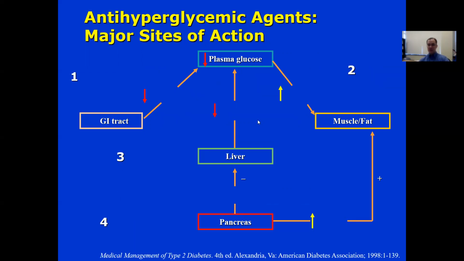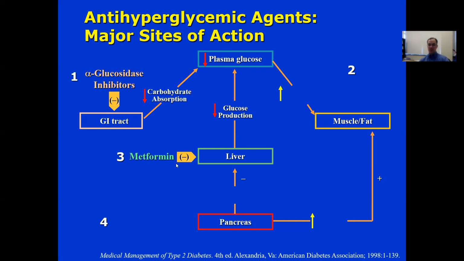The first of which is the glucosidase inhibitors, and this negative sign indicates that it causes the GI tract to reduce carbohydrate absorption, so you have a decreased amount of carbohydrates absorbed in the small intestine, the GI tract, which means less glucose is taken up in the blood, and therefore reduces plasma glucose levels.